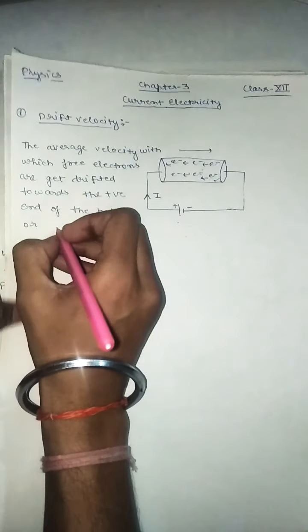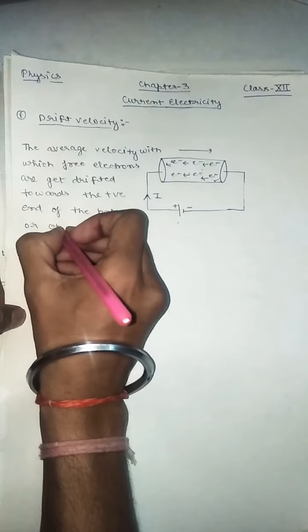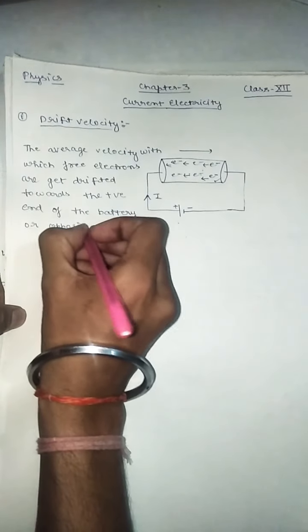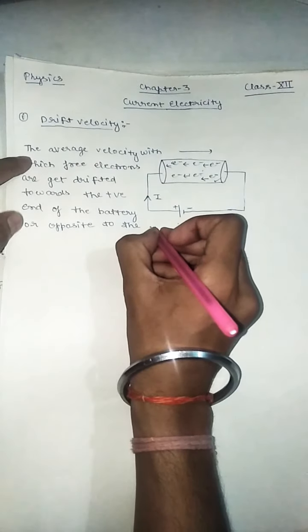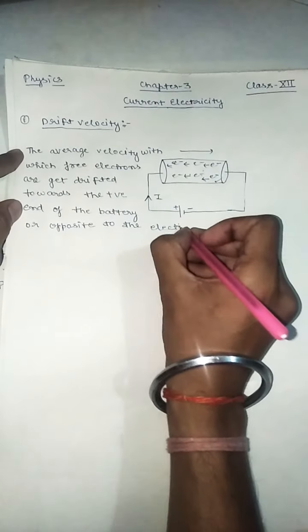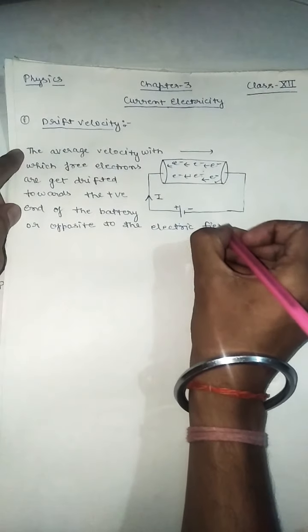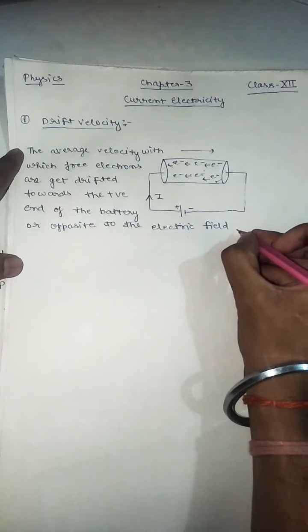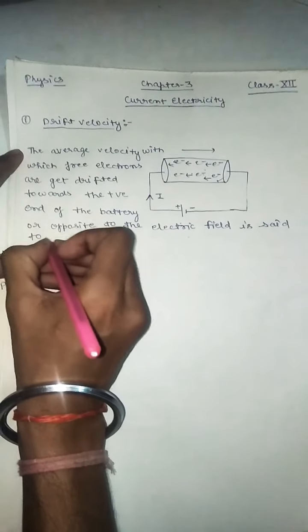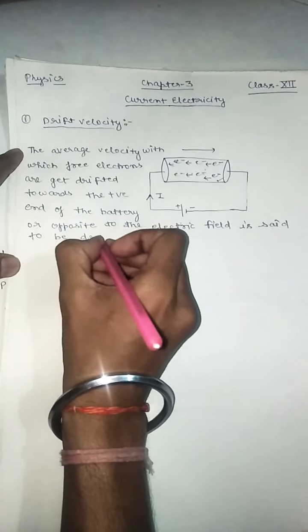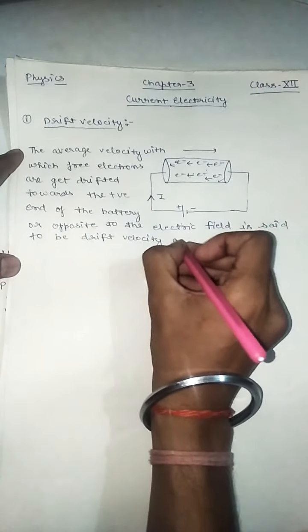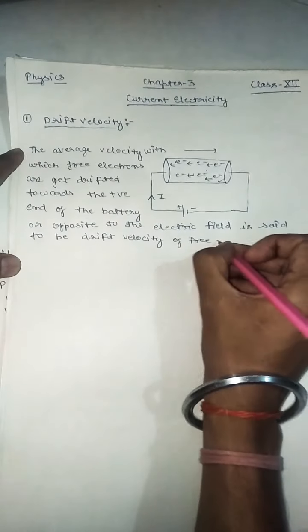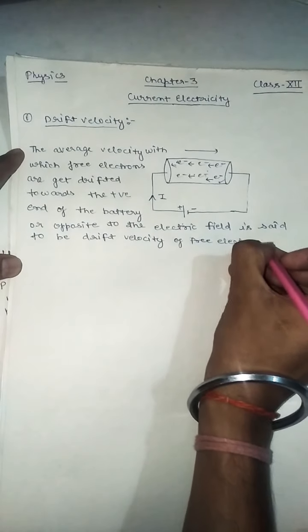or opposite to the electric field, is said to be drift velocity of free electrons.